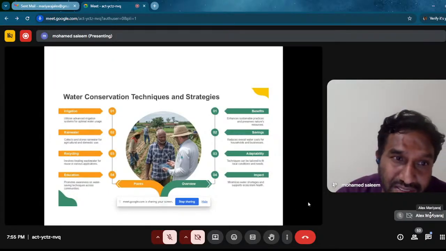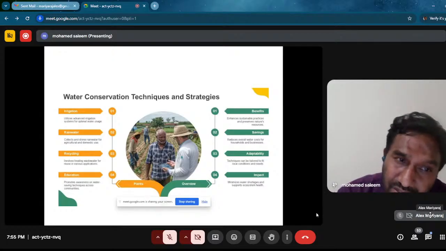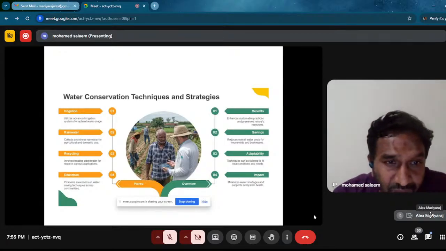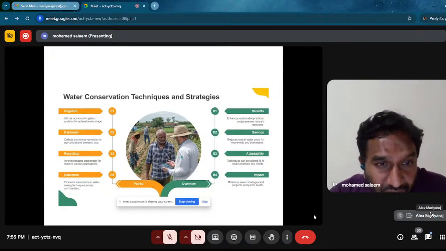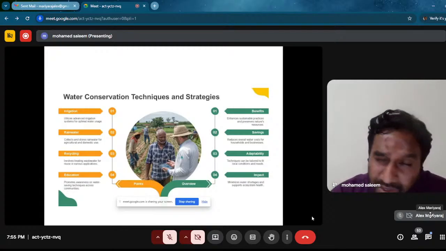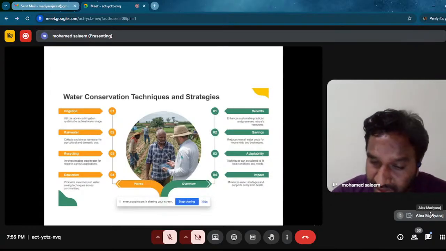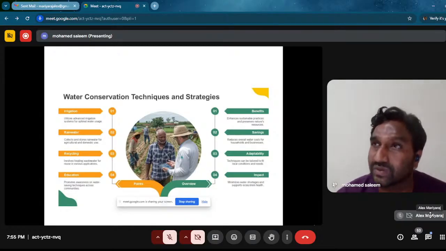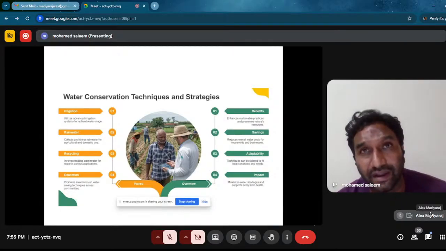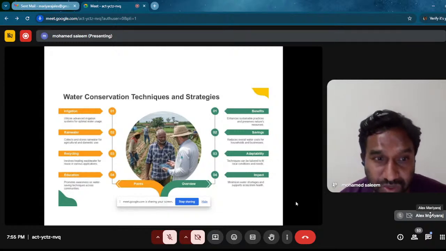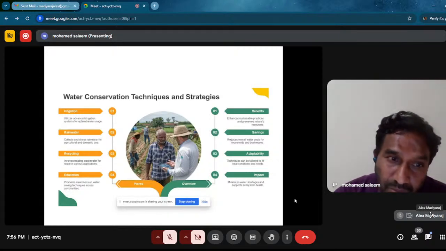In some countries, you can use it for agriculture and domestic usage. Recycling controls involve treating wastewater for reuse in various processes. In Singapore, they are actually using recycled water for drinking purposes and also in various other usages. Then we can give proper education and awareness of water saving techniques to all the people.